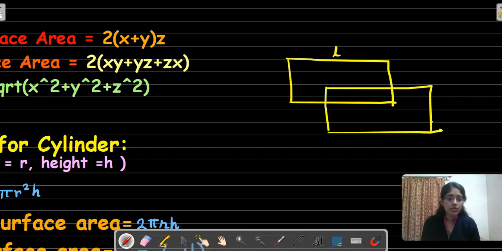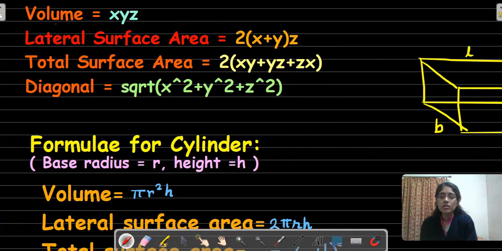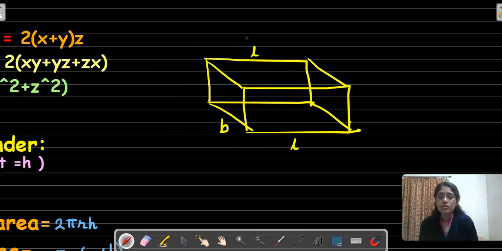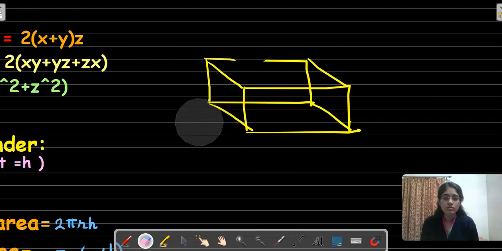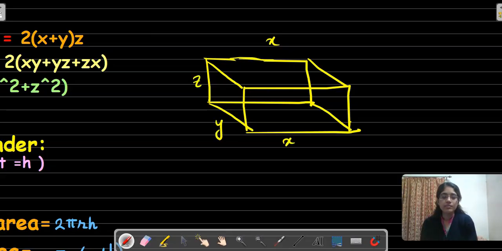All the sides of a cuboid are rectangles. These sides are L. This is the breadth B. So this is x. This is y, and the height is z.